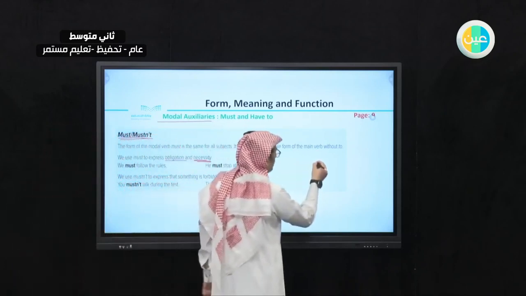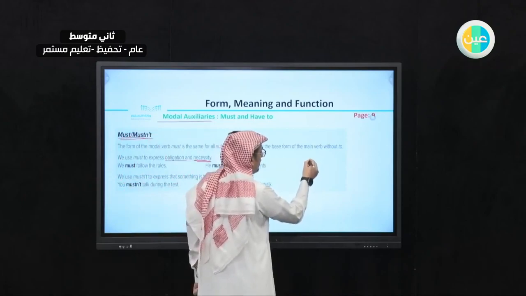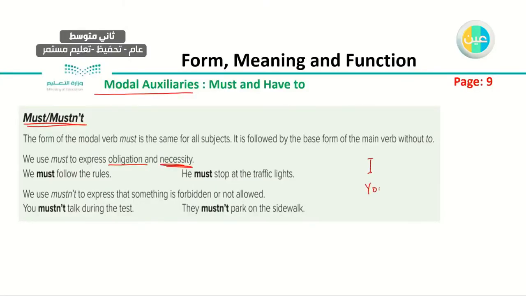We have different kinds, singular and plural: I, you, we, they, and he, she, and it. So must comes with them all: I must, you must, we must, they must, he must, she must, it must. Okay, good.